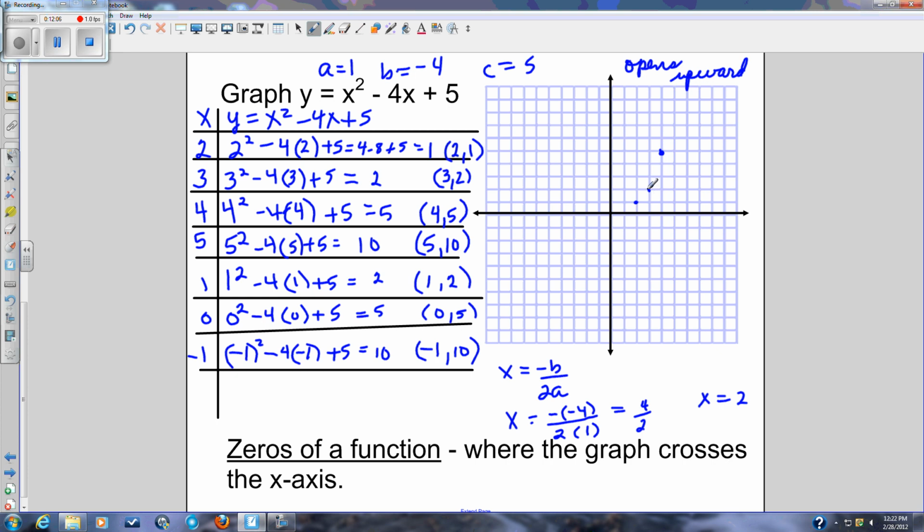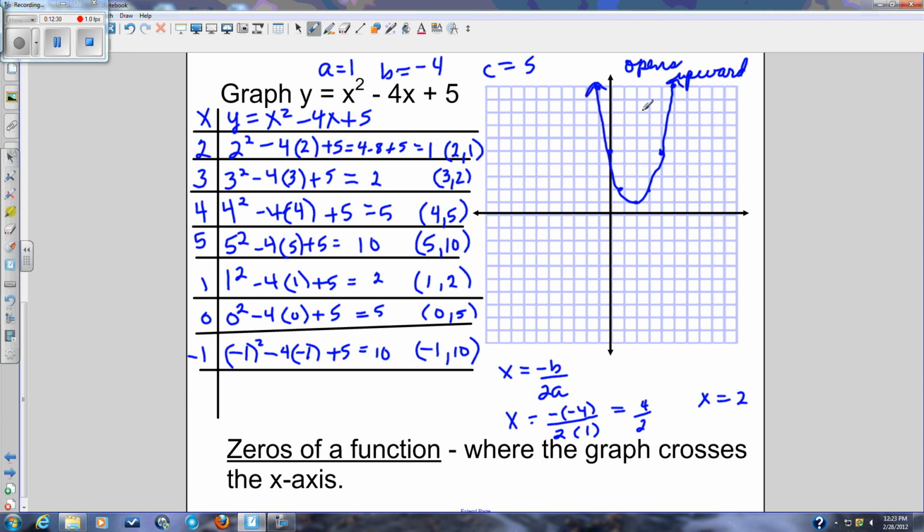And we have 5, 10. Let's do the next set. We have 1, 2. We have 0, 5. And we have negative 1, 10. And notice we do get this horseshoe shape. If I had drawn it better, it would have been a better horseshoe.